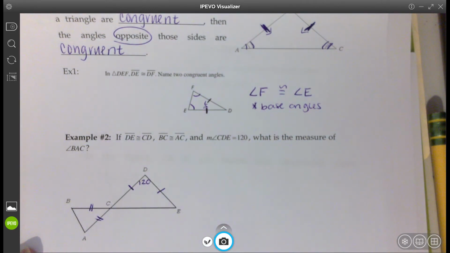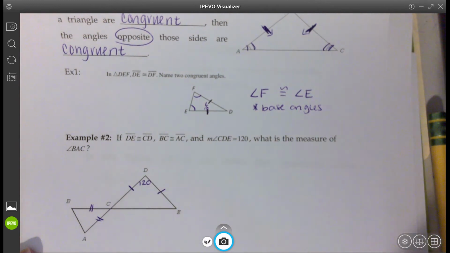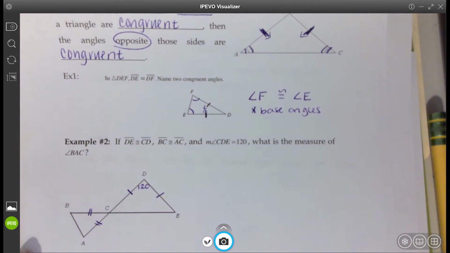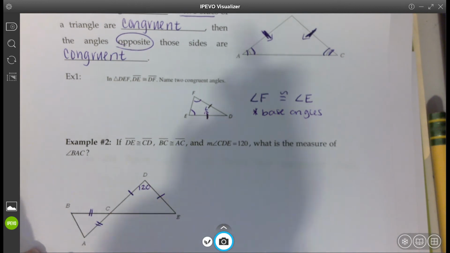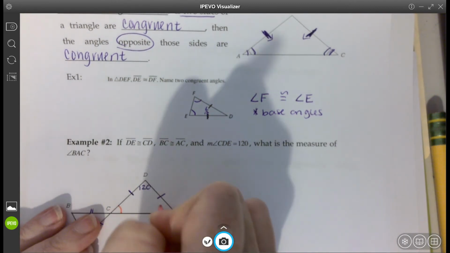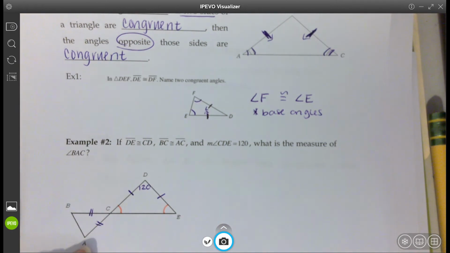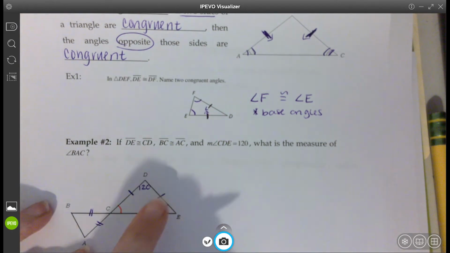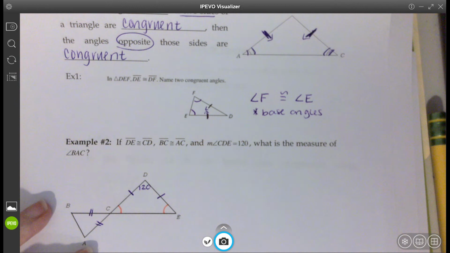All right, so now we have to actually fill in a little bit of information. So the first thing is I need to figure out some more angles. So remember in the beginning, I said that this is an isosceles triangle. So I know that these two angles are going to be congruent. I have enough information to figure out these two missing angles by using the triangle sum.